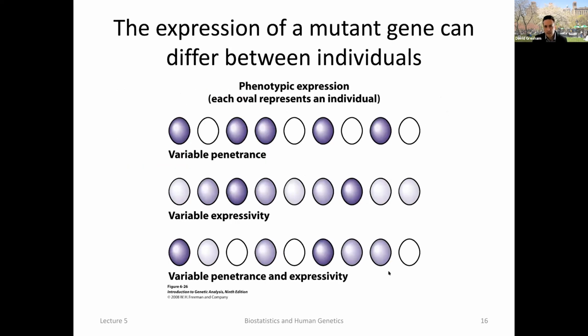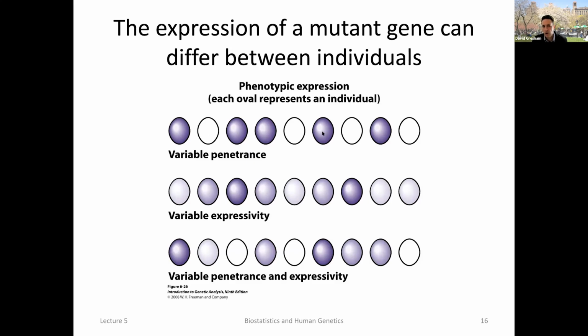And so here's a schematic to be able to understand that concept. So variable penetrance means that if we have a mutation, a dominant mutation that causes the phenotype purple, but in some individuals, they have that mutation, but they are not purple, they maintain the wild type phenotype. And so if we look across many individuals, we see some manifest the phenotype and some do not.